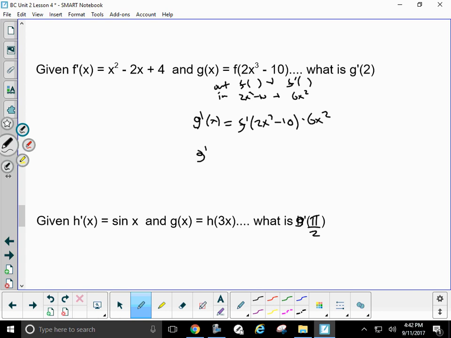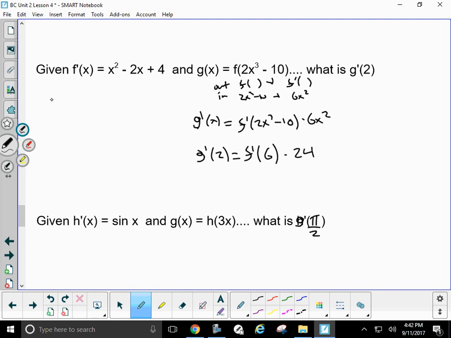If I want to find g prime of 2, let's see what it would be. It would be f prime of 2 cubed is 8 times 2 is 16. 16 minus 10 is 6. And then 6 times 2 squared, that's 24. So it's f prime of 6 times 24. How do I find f prime of 6?